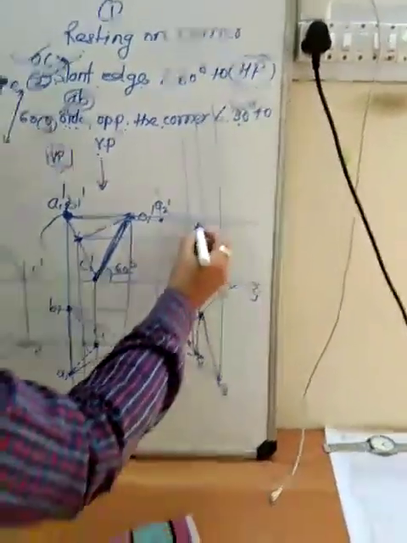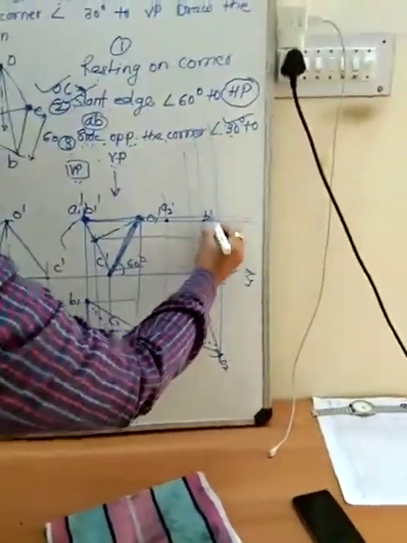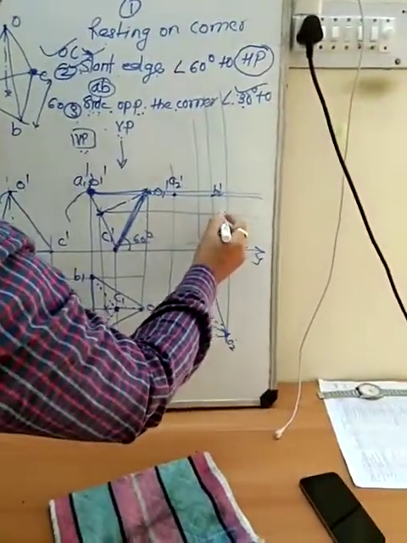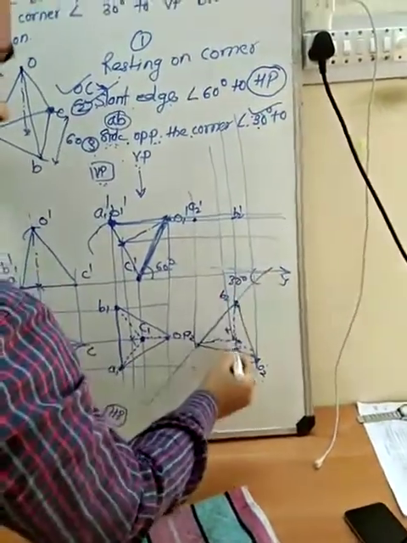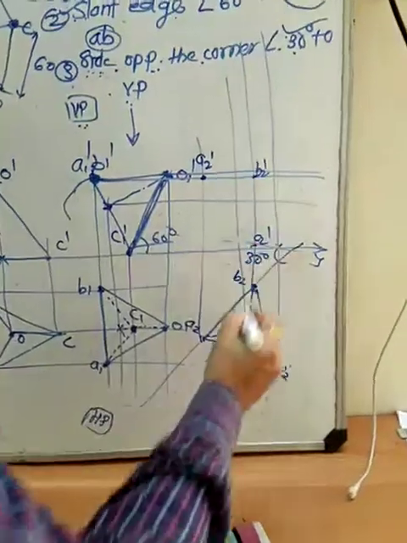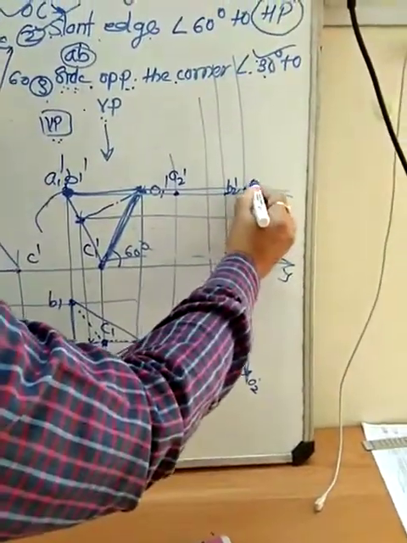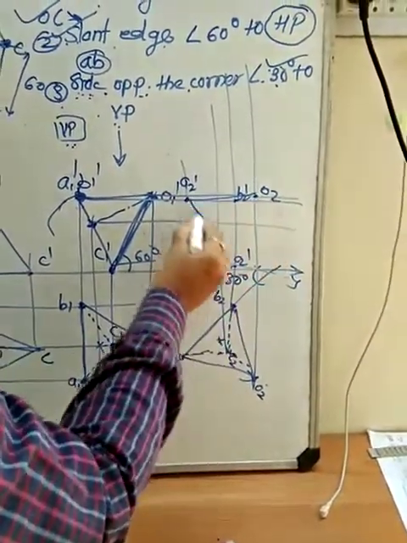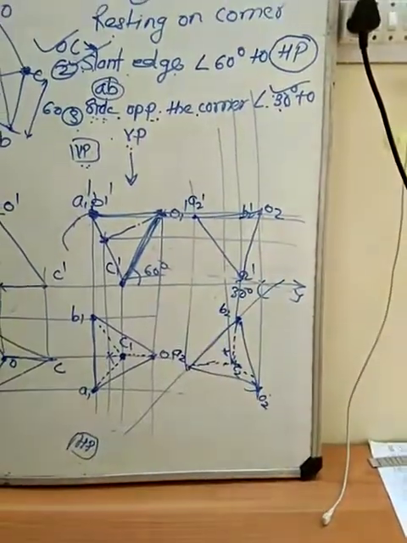Now B, B2 dash. Now this is C, C2 dash. And this is O, O2 dash. So the boundary should be dark first.